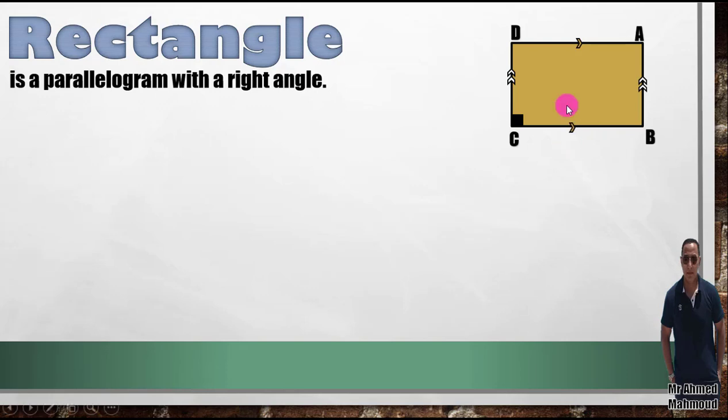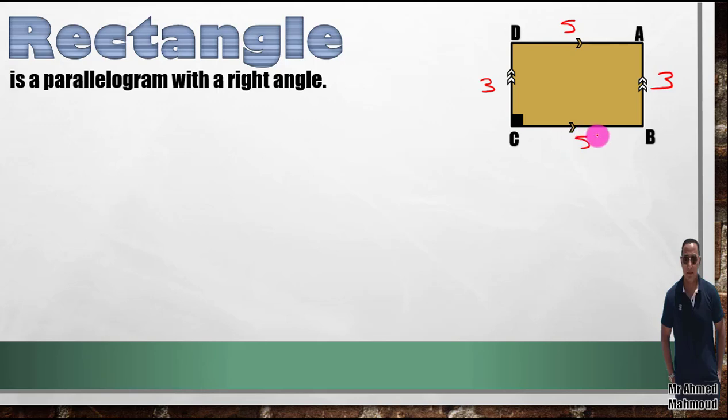So I can say that the rectangle is originally a parallelogram, so the rectangle includes all the properties of a parallelogram. What does it mean, Mr. Ahmed? It means if AB equals 3, so DC equals 3. If AD equals 5, so BC equals 5.